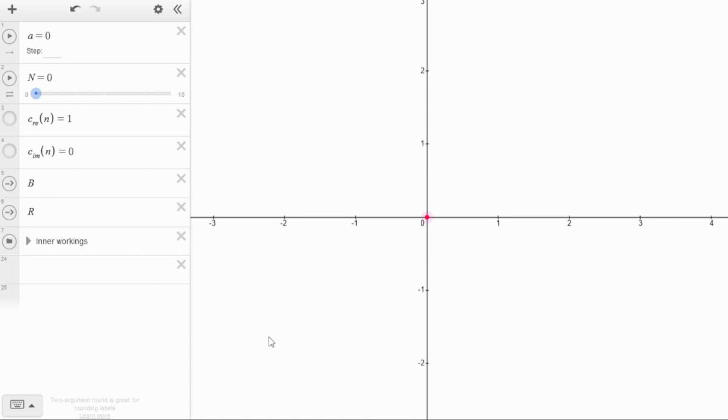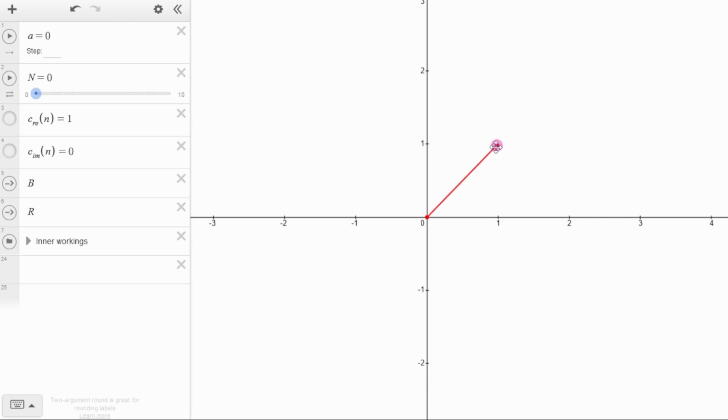Okay, so here you can see a graph. And in a moment, a lot is going to happen on the screen. So let's take it one by one. This isn't an x-axis and this isn't a y-axis. This is the real axis and this is the imaginary axis. This dot here is the output of our function.